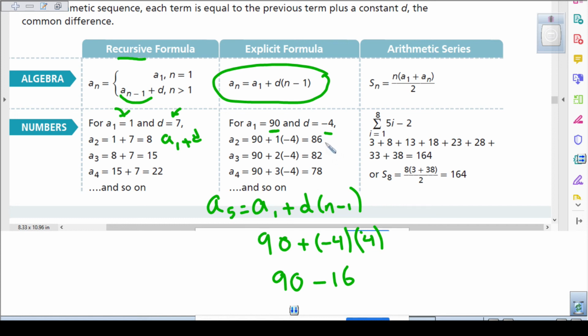So if you look here, 90 minus 16, is it 74 or 72?